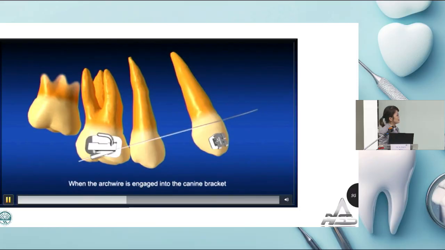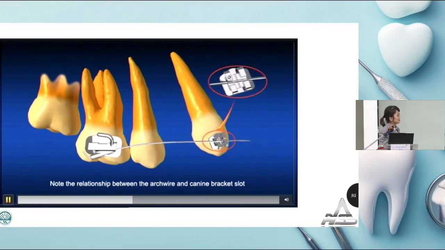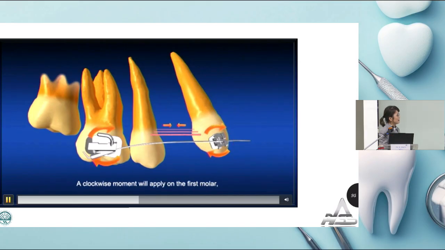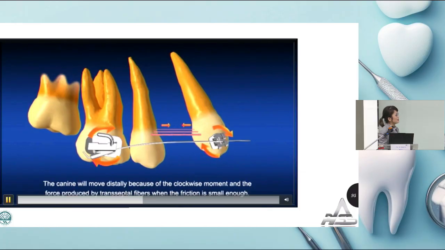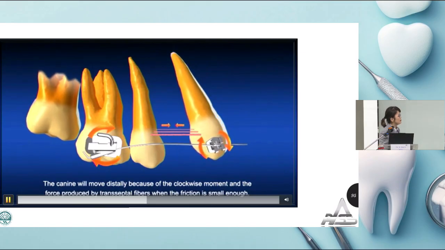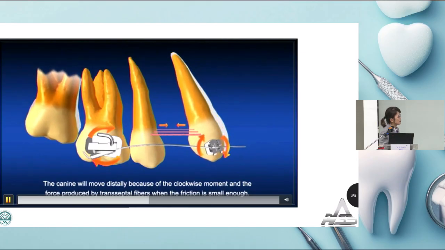And we can see a 6-3 relationship here. The canine is different, under a clockwise moment, both in the molar and in the canine. A clockwise moment will make them move backward.